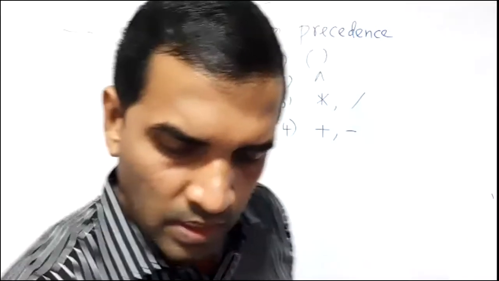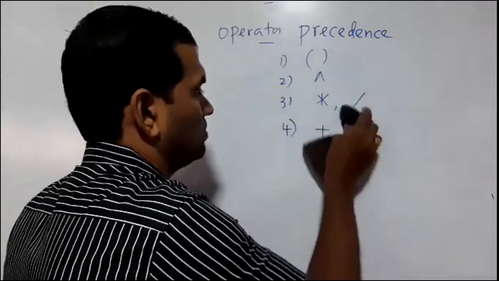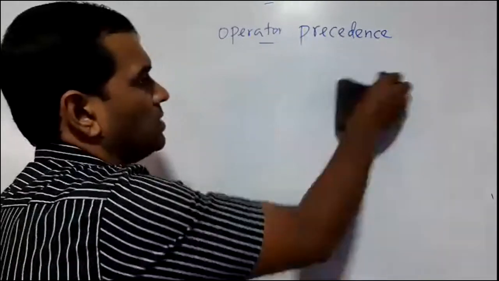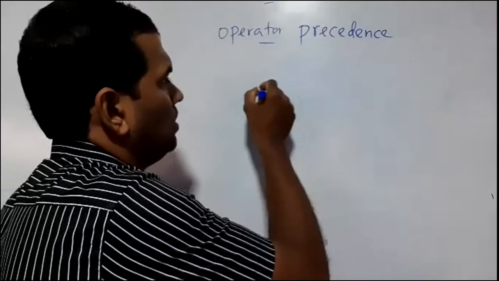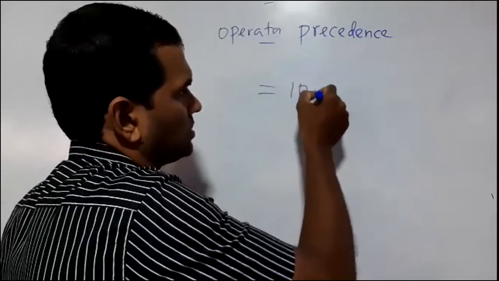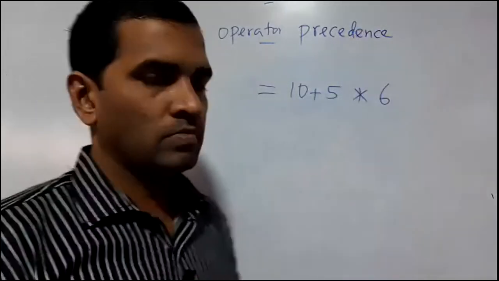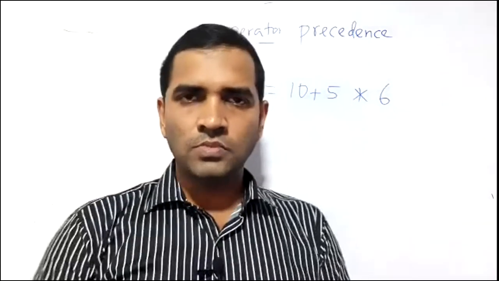Right. So let's take a simple formula now. Listen to me. So I will take a very simple one. So have a look at this. Equal 10 plus 5 asterisk 6. So assume this is entered in a cell in a spreadsheet.